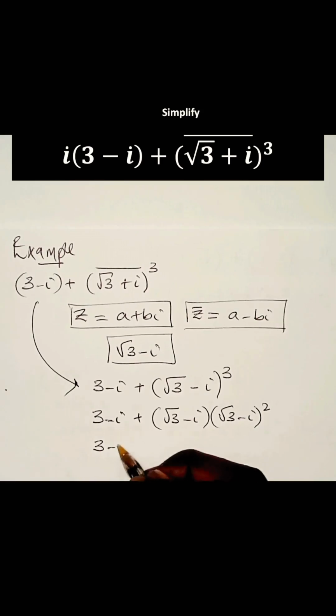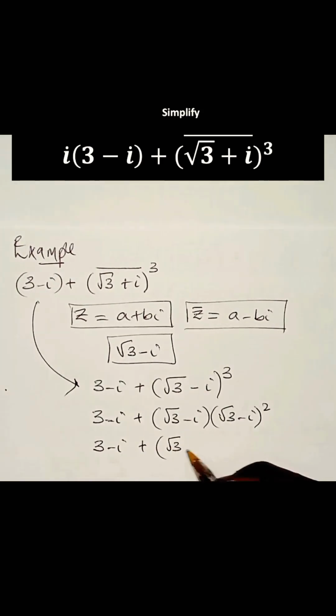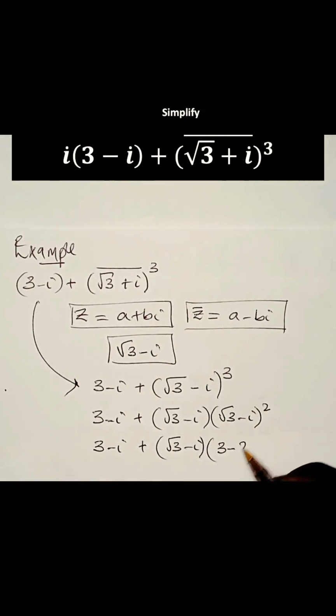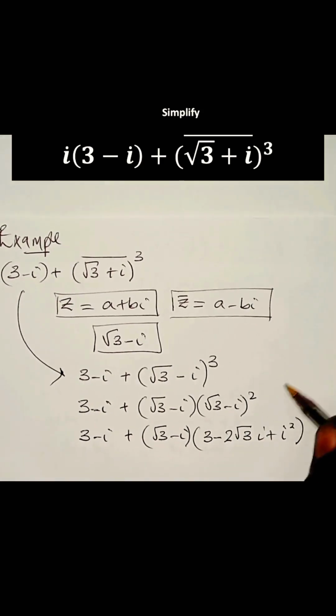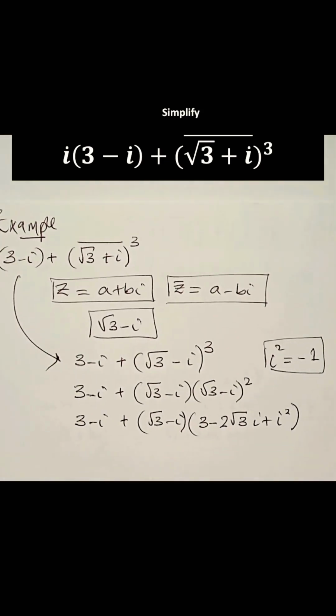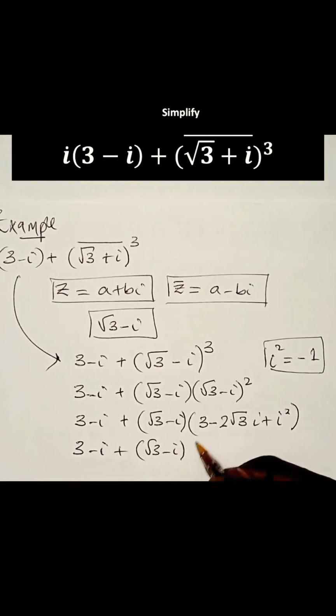If you expand that, you get 3 minus 2 root 3 i plus i squared. But you know, i squared is equal to minus 1, so we shall substitute i squared with minus 1. So we have 3 minus i plus root 3 minus i into 3 minus 2 root 3 i minus 1.